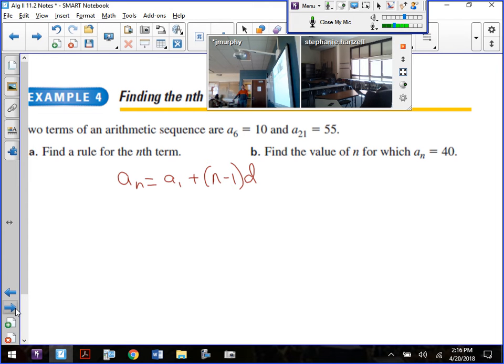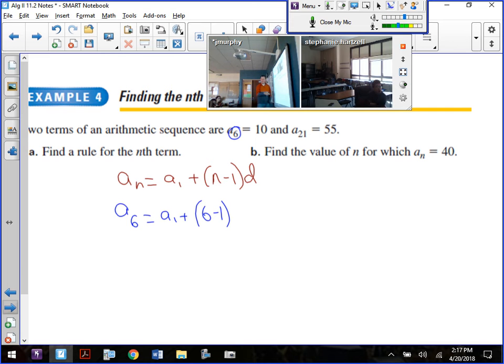Because if you think about it, if I substitute in the value of knowing that the sixth term is 10, that means that the value of n is equal to what? If the sixth term is 10, my value of n is 6, okay? So I can say the sixth term is the first term plus 6 minus 1.